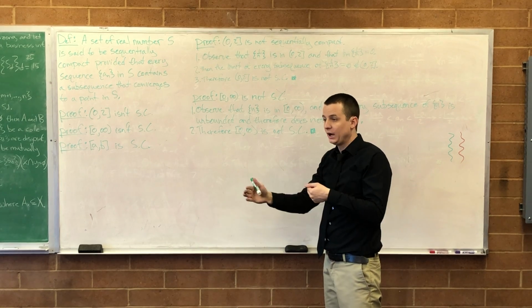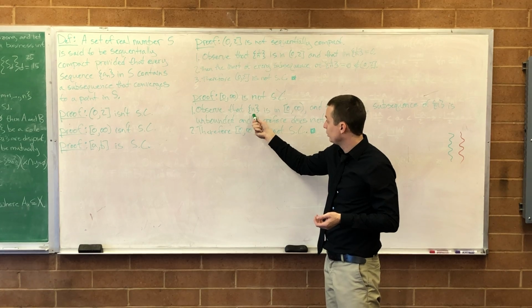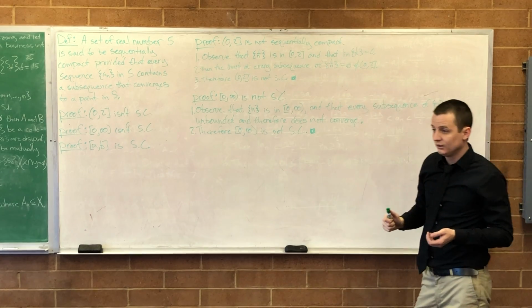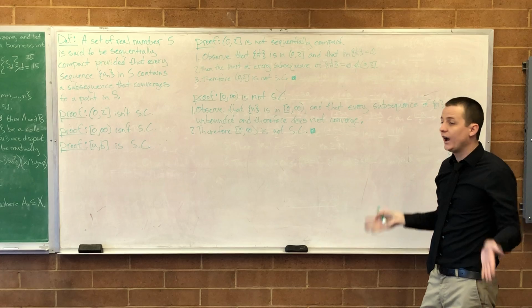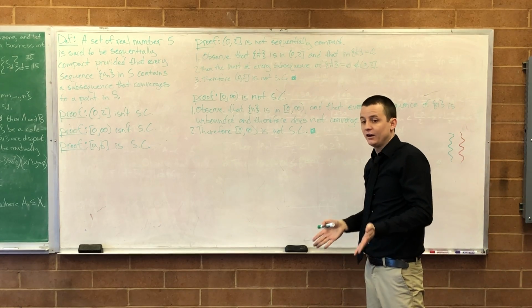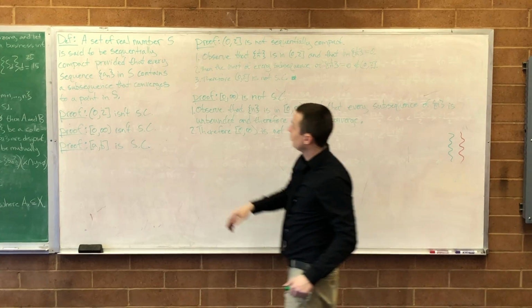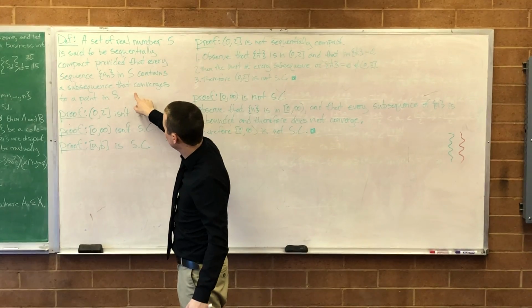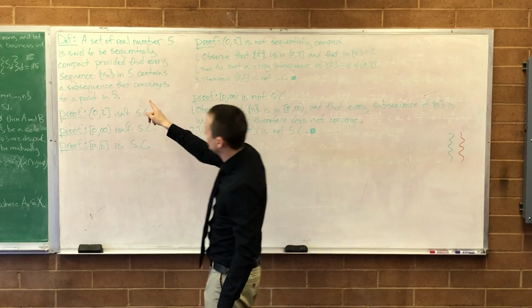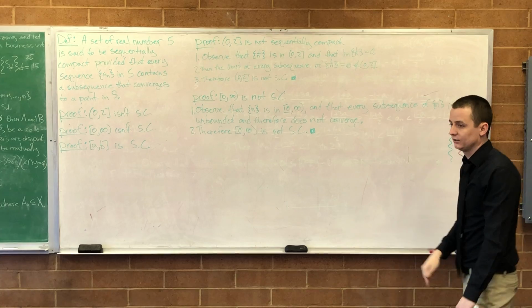And if a sequence is unbounded, it doesn't converge. Therefore, the sequence of natural numbers is a sequence that does not have a convergent subsequence. Therefore, it definitely doesn't have a subsequence that converges to a number in the set. So, in order for it to be sequentially compact, every sequence has to have a convergent subsequence that converges to a point in the set.